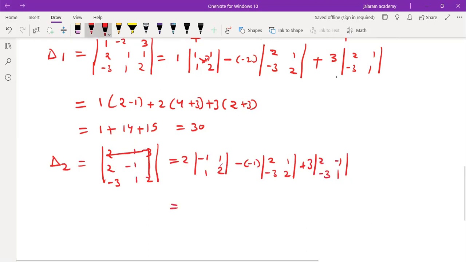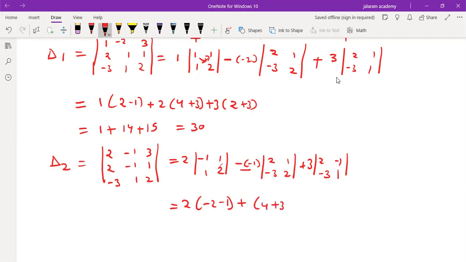So now we find its value equals 2 into minus 2 minus 1, minus minus plus, 2 twos are 4, minus minus 3, that is plus 3, plus 3 into 2 minus minus 3 into minus 1 3. So it is 2 into minus 3 minus 6 plus 7 minus 3 minus 9 plus 7, it is minus 2.